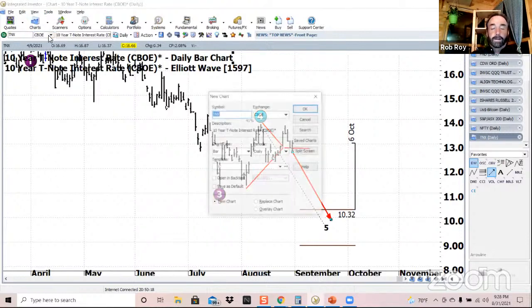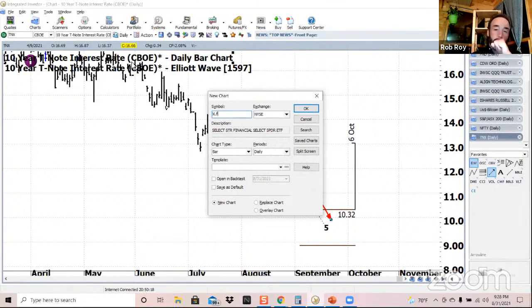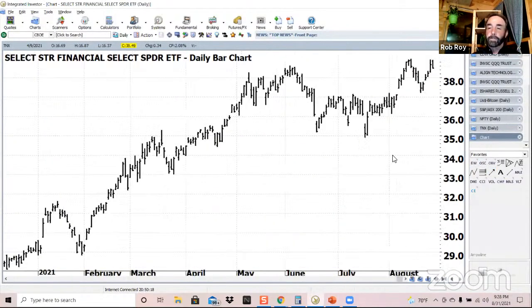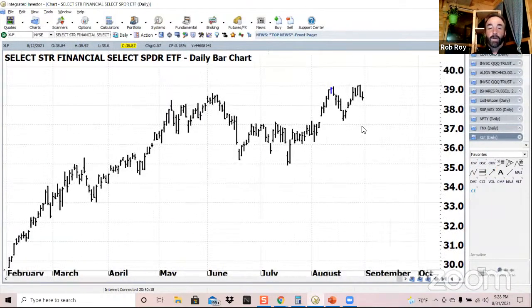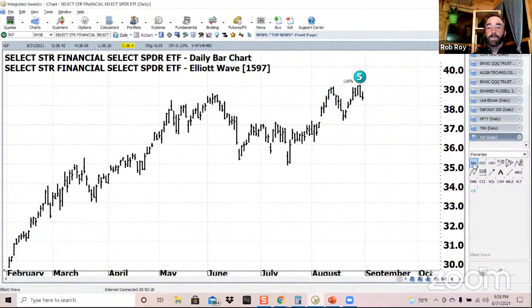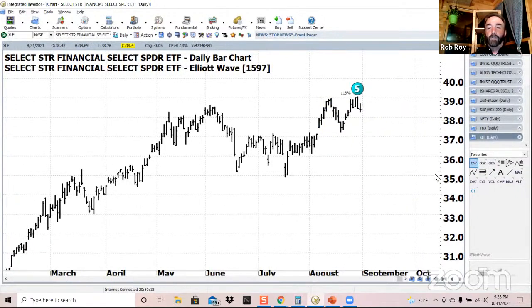So we had kind of looked at, well, are the financials going to be the leaders? And it looked like they were. You can see that breakout move, and then with that false breakout in rates, the XLF said, oh, well, wait a minute. If rates are going to come back down, then we're not looking so strong anymore.